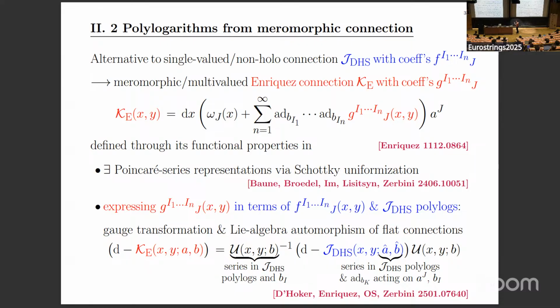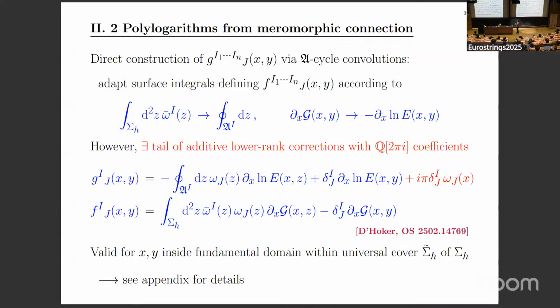So this is the second explicit construction. And for timing reasons, I won't show you the details of a third explicit construction, but let me just say that the G kernels, the meromorphic ones, can be obtained from the prime form and certain A-cycle convolutions thereof.